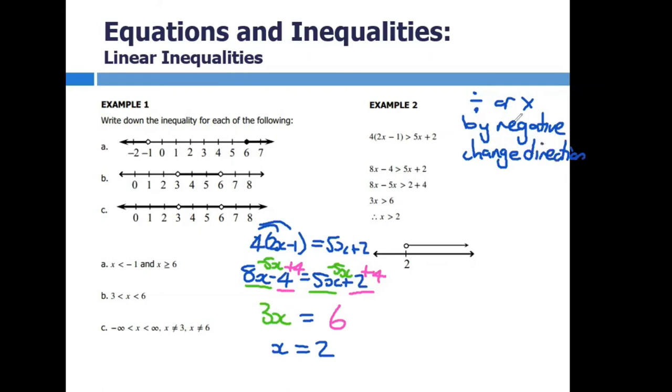Okay, but that's the only thing that is different. Otherwise the process is exactly the same. You can see that's exactly what they did here. They distributed, they put the x's together, the constants together, and then they divided by 3. Dividing by positive numbers, okay. You'll notice the inequality sign stayed the same every single step of the way.